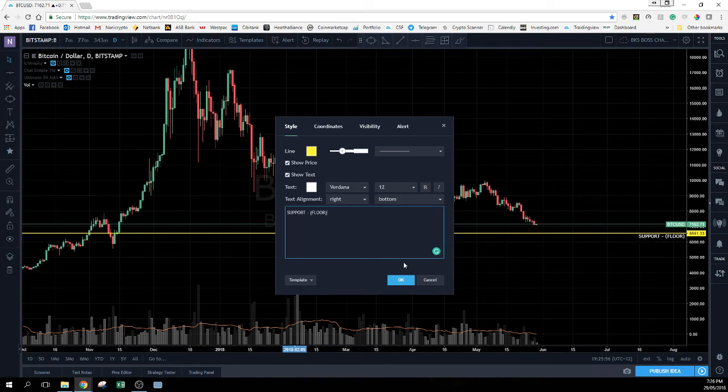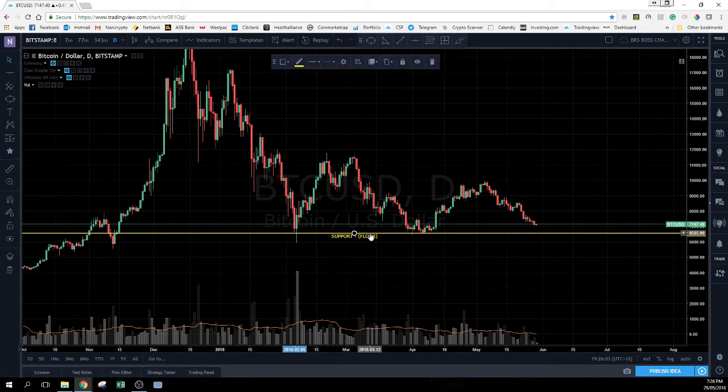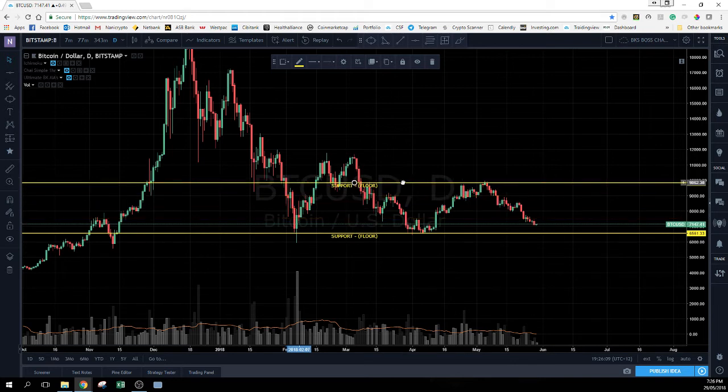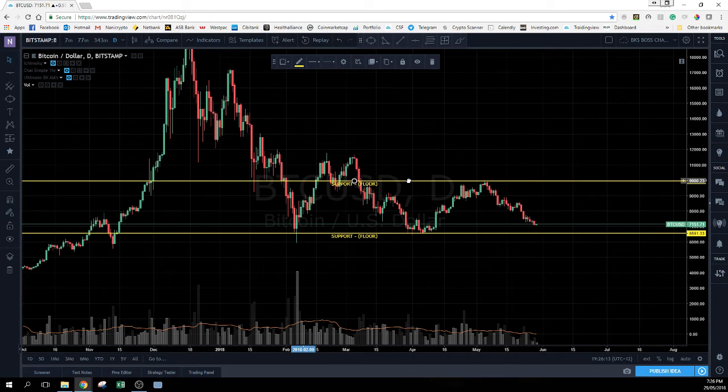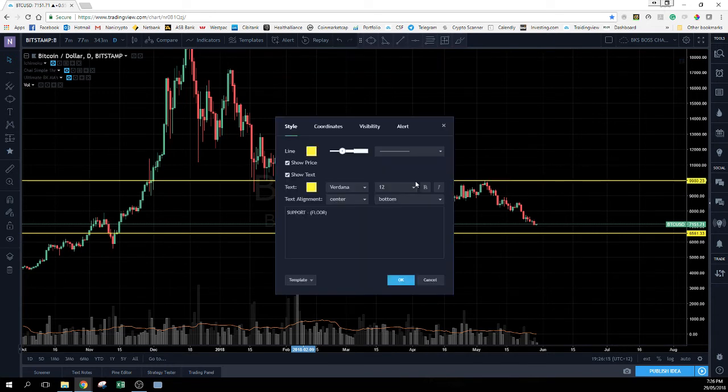People have different names for it. That yellow, just put that right in the middle. And then we also have the top version of those lines. Let's just say we draw that one about there. And those are called resistance or ceiling.